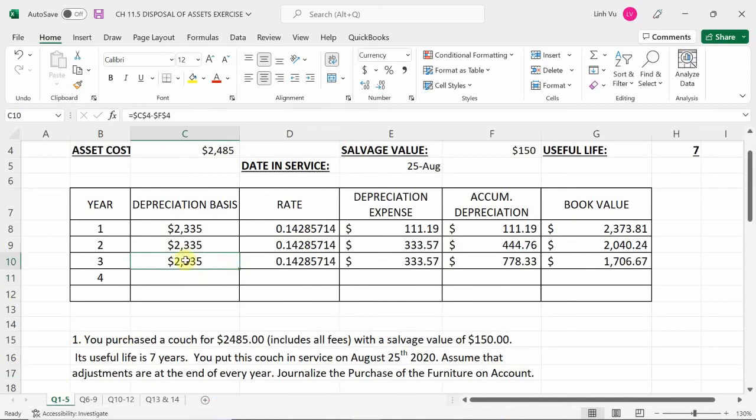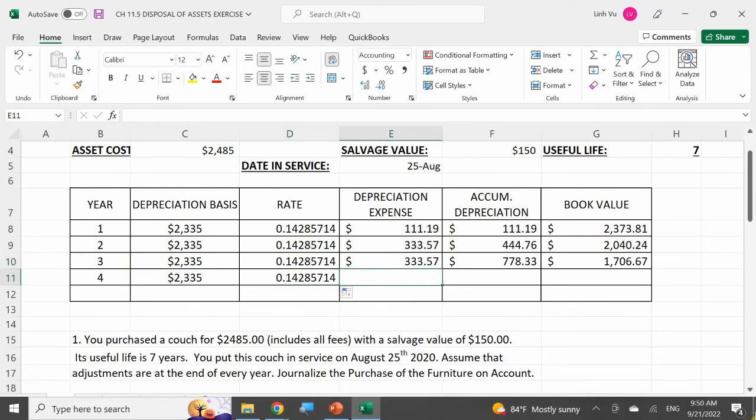So what's my depreciation basis? It will still be the same. The rate will be the same. Now here's the difference. I only need to depreciate this asset for 6 months.